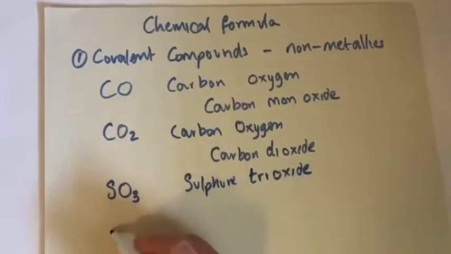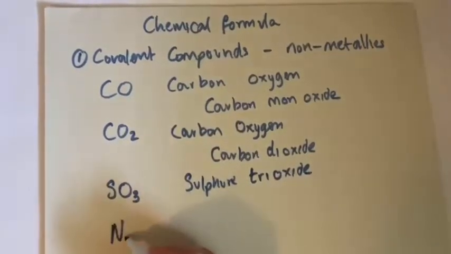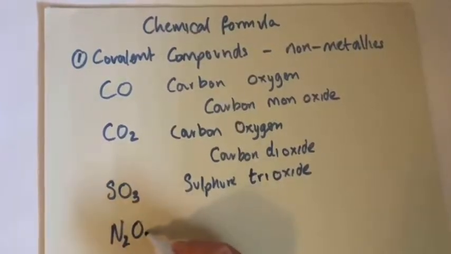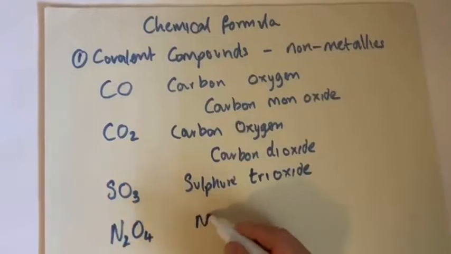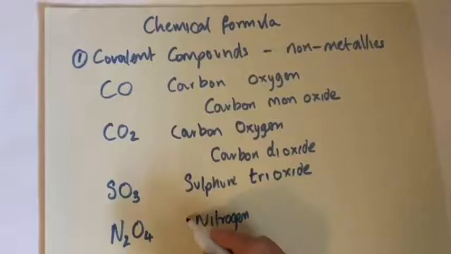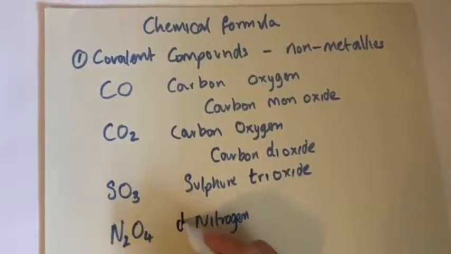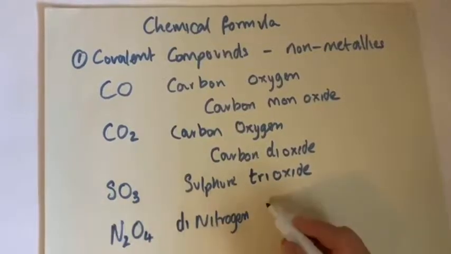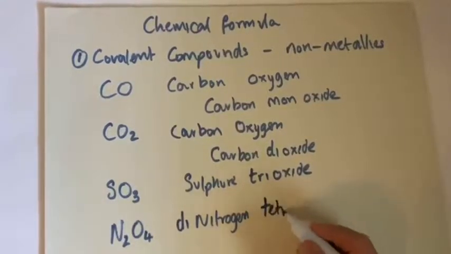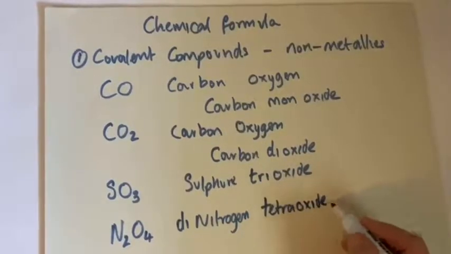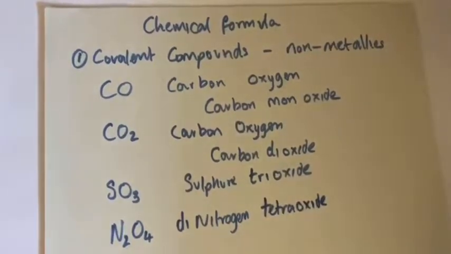If we've got a more unusual formula, nitrogen, which we've got two of, and oxygen, which in this case we've got four of, we would have nitrogen, and because we've got two of them, it becomes dinitrogen. We've got 4 oxygens. Tetra means 4. Oxide.